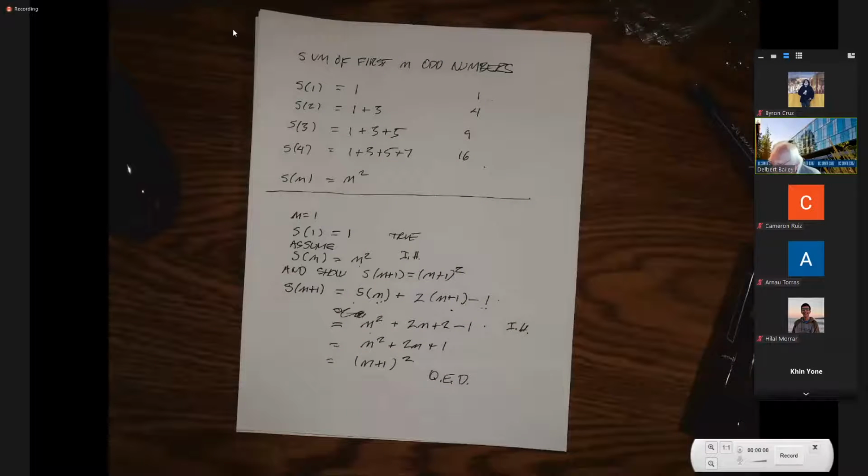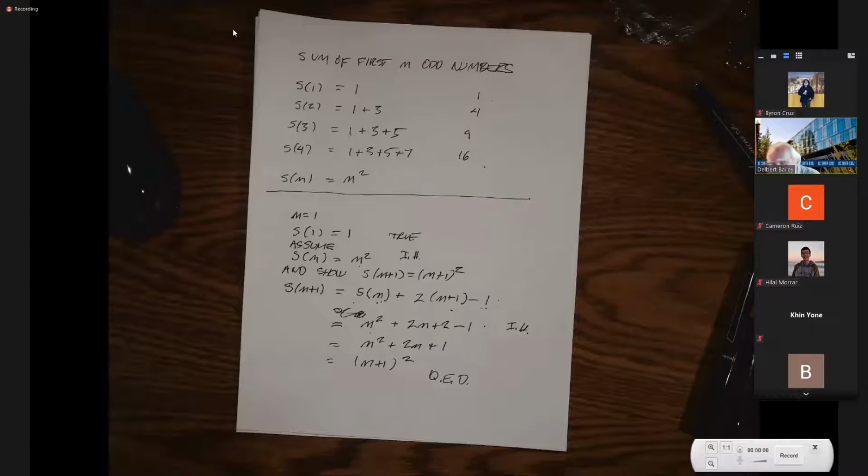So, this kind of inductive argument, where in your inductive step you show that if it's true for n, it's true for n plus 1, you could also frame that as if it's true for n minus 1, it's true for n. This is called weak induction. And that doesn't mean that it's weak. It's just the name that it's given.